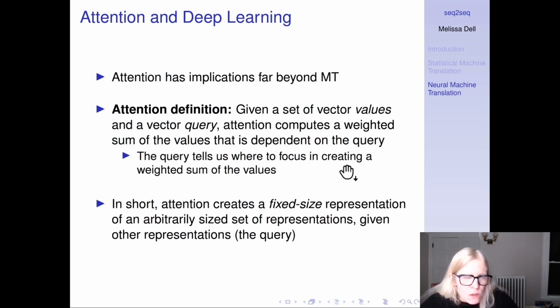So the query tells us where to focus in creating the weighted sum of values. So in short, attention creates a fixed size representation of an arbitrarily sized set of representations, given another representation, which is the query.